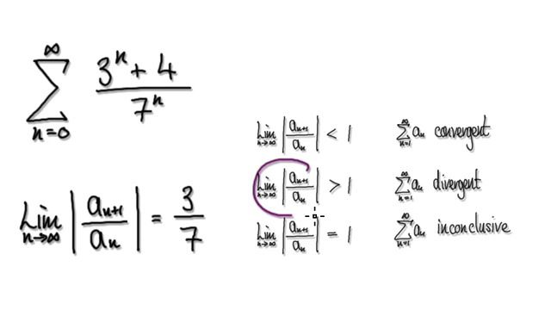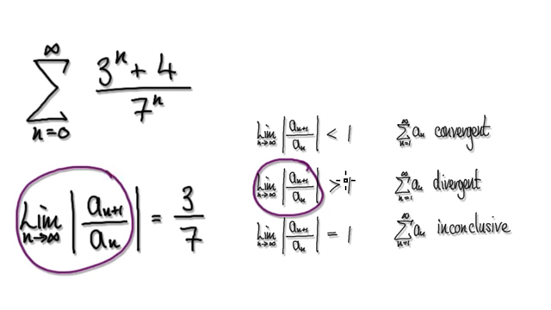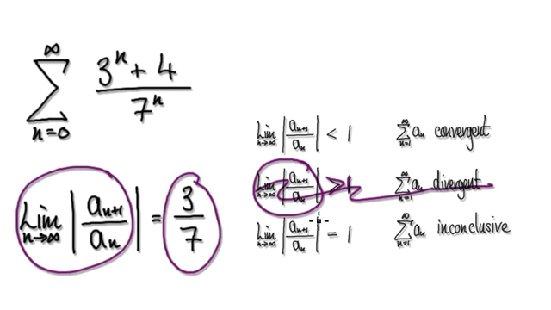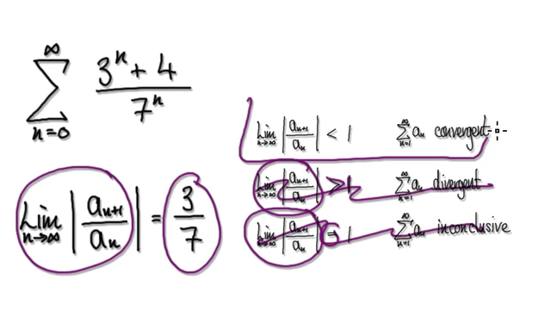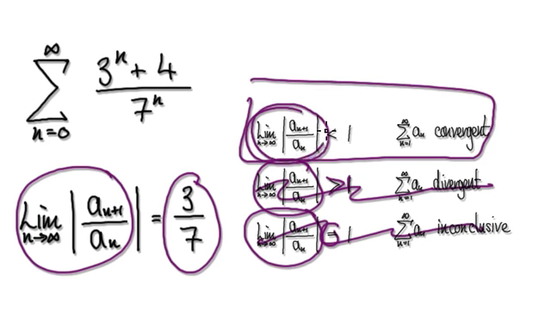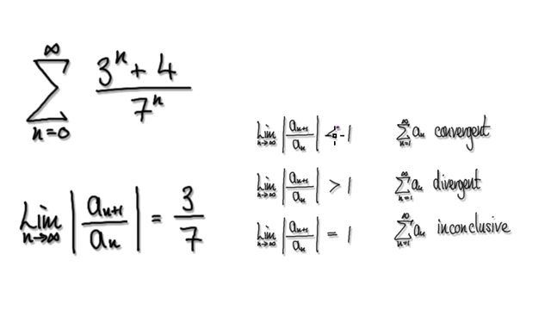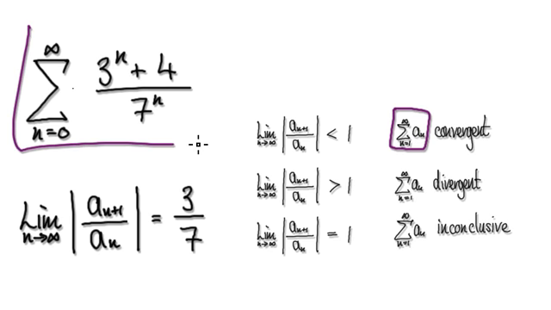This value is not bigger than 1, so this is out. It doesn't equal 1, so this is out. The only thing that's left is this. So this value is actually less than 1. The test tells us that the original series, which is this here, will converge.